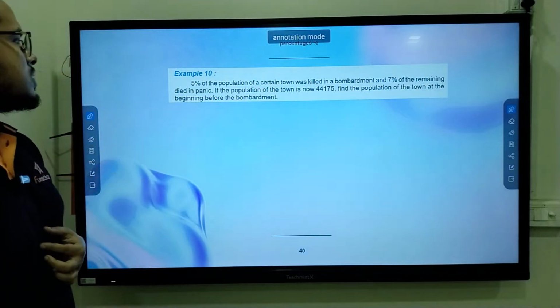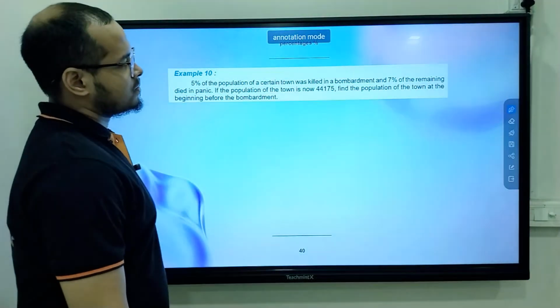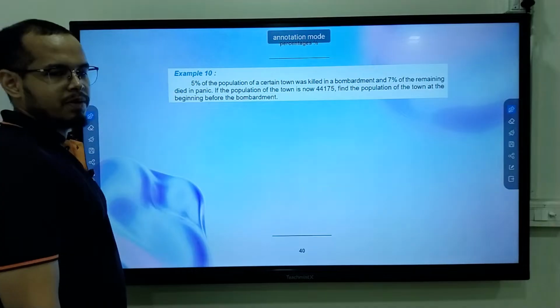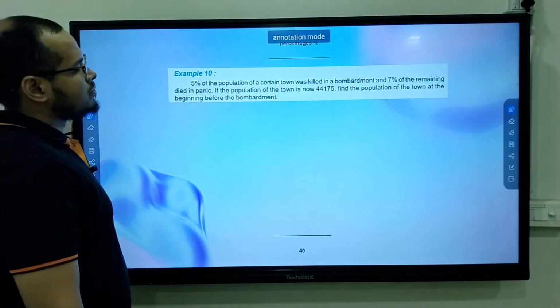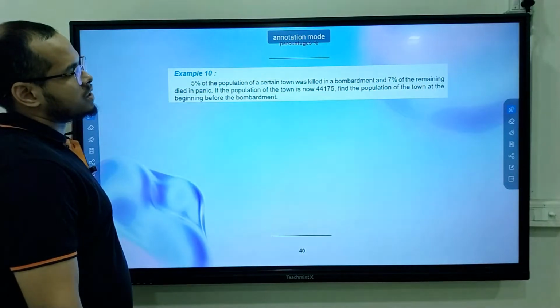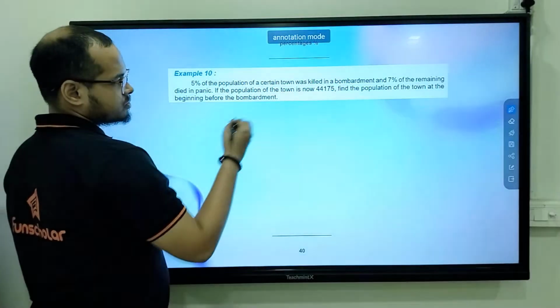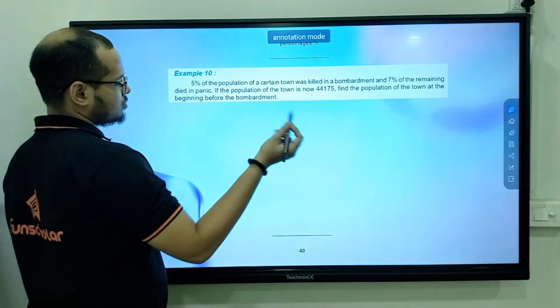Now, 5% of the population of a certain town was killed in a bombardment and 7% of the remaining died in panic. If the population of the town is now 44,175, find the population at the beginning of the bombardment. In this particular question, it is reversed.